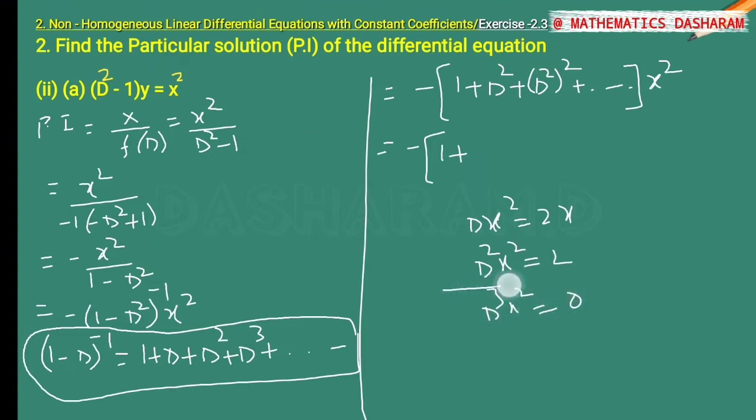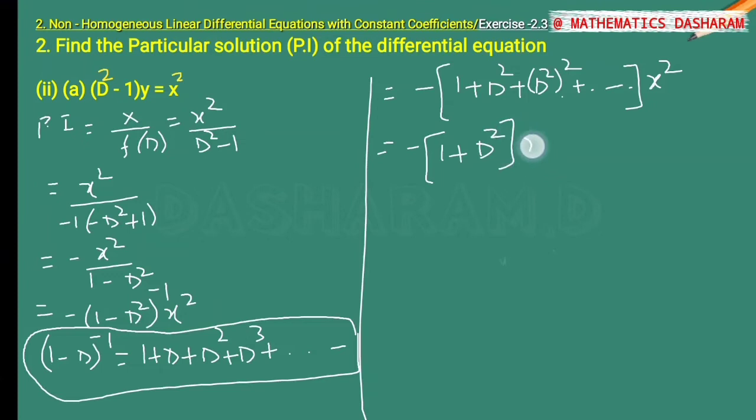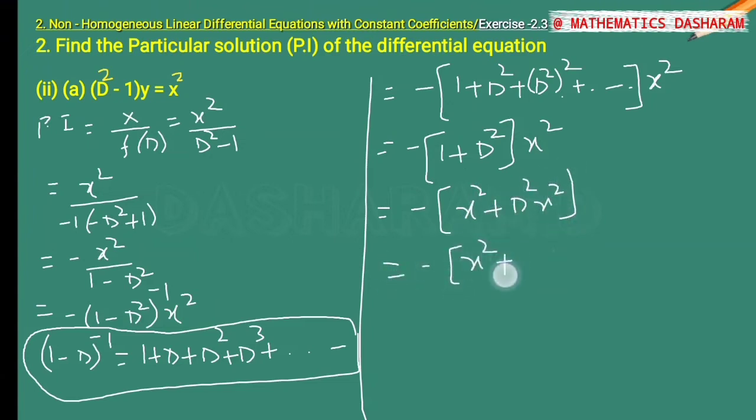So maximum we can take D square, but D square whole square means D to the power of 4, so we can ignore all these terms and only D square will come. So minus 1 times x square plus D square x square, that is minus x square plus D of 2x, minus x square minus 2, since D of 2x is 2. So this is our required answer.